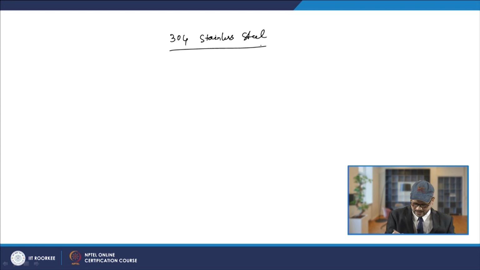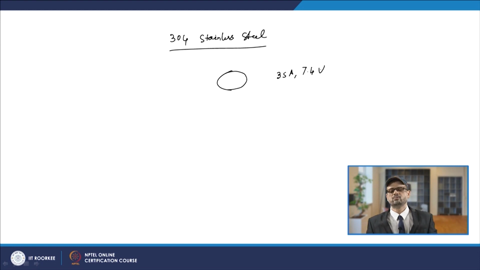What was seen is that when the parameters are 35 ampere current, 7.4 volt voltage, and the velocity is 0.42 mm per second, the weld pool shape went like this. This is the tip of the electrode.